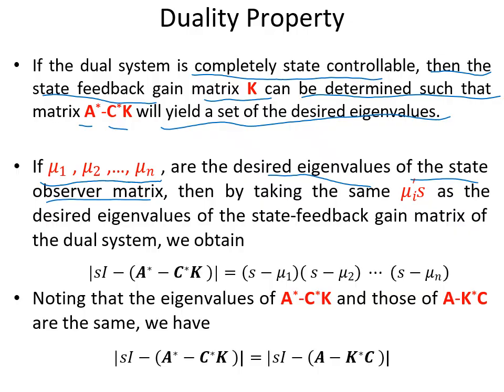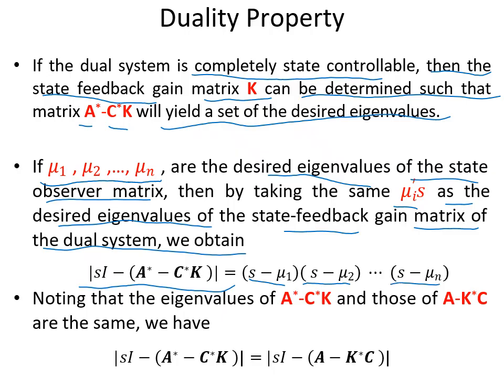Taking these as the desired eigenvalues of the state feedback for the dual system, we obtain sI minus A star minus C star K equals s minus mu1 times s minus mu2 until s minus mu n. Noting that the eigenvalues of A star minus C star K and those of A minus K star C are the same, we have sI minus A star minus C star K equals sI minus A minus K star C.